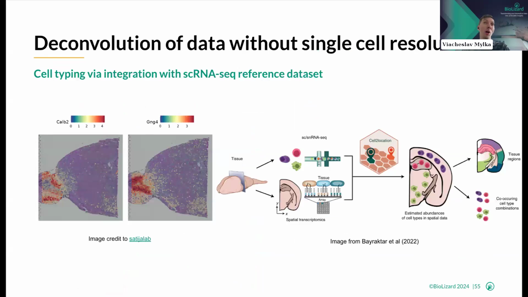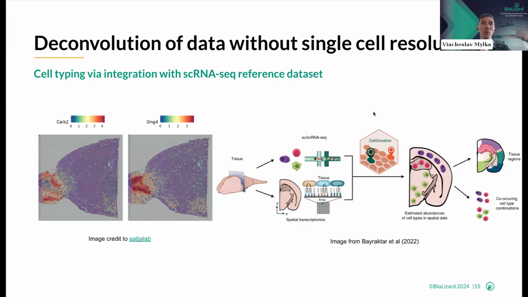Before, I was talking about the spatial transcriptomics technology with single-cell resolution, and what to do if we use an untargeted method which can capture the whole transcriptome but lacks the single-cell resolution.